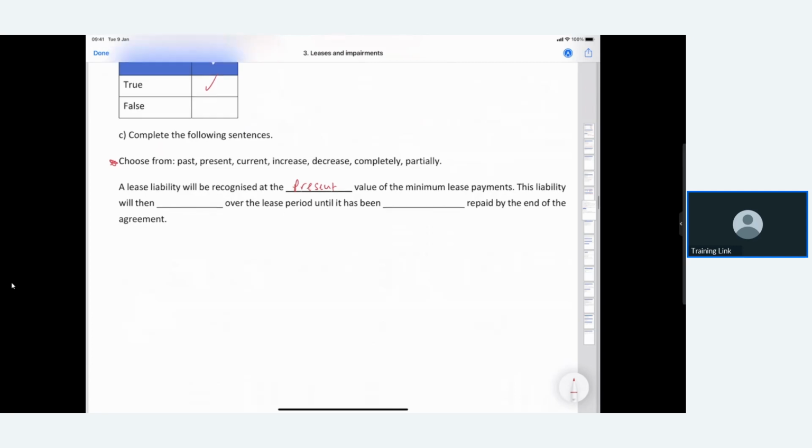This liability will then decrease over the lease period as we effectively pay that off until it has been completely repaid by the end of the agreement.